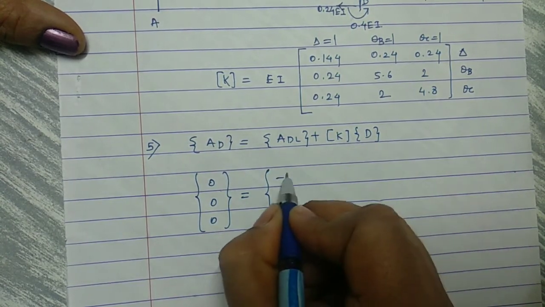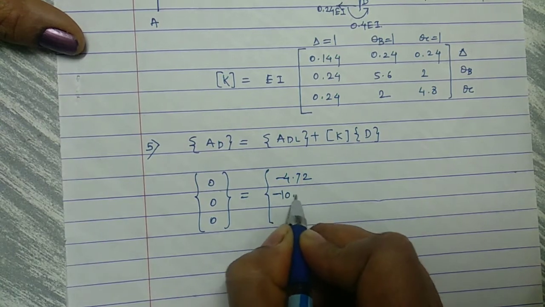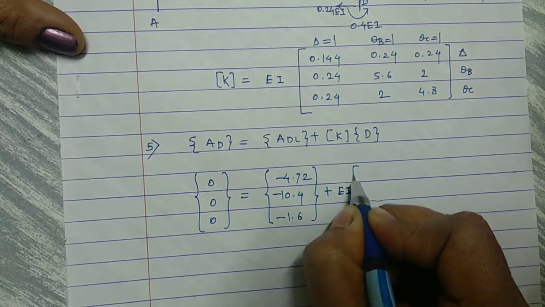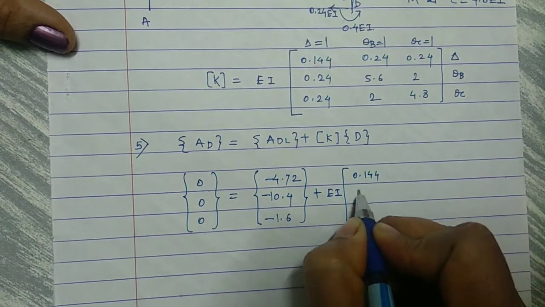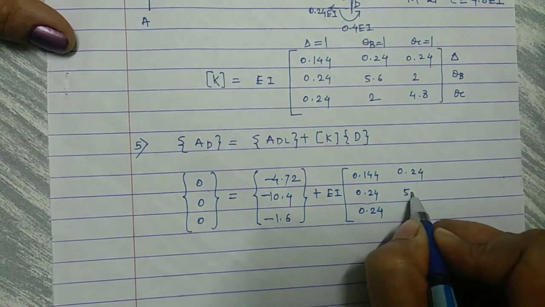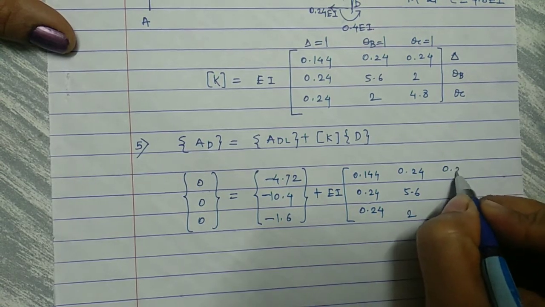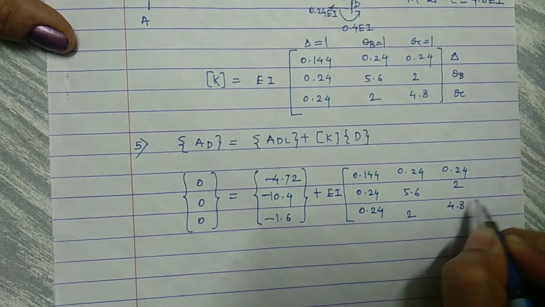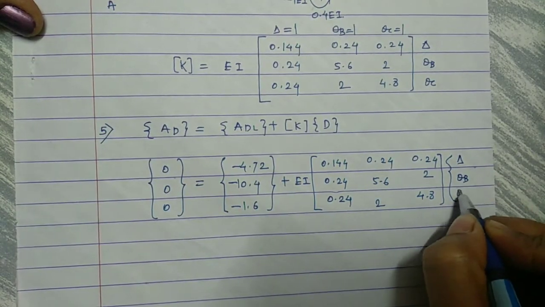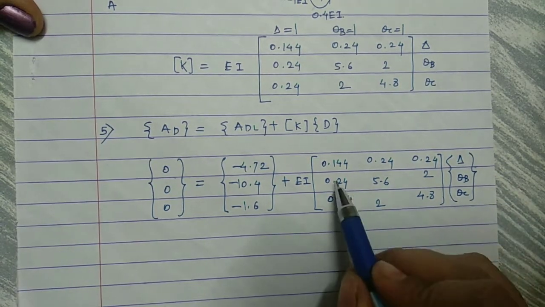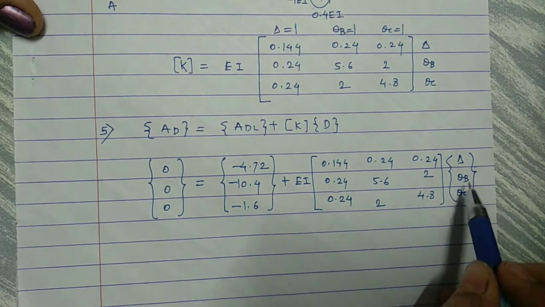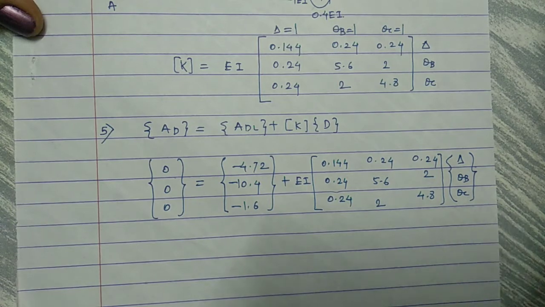The ADL matrix is minus 4.72, minus 10.4, minus 1.6, plus the K matrix: 0.144, 0.24, 0.24, 0.24, 5.6, 2, 0.24, 2 and 4.8. And the D matrix is delta, theta B, theta C. Take them in sequence, as we have calculated these stiffnesses in sequence: delta equal to 1, theta B equal to 1 and theta C equal to 1.